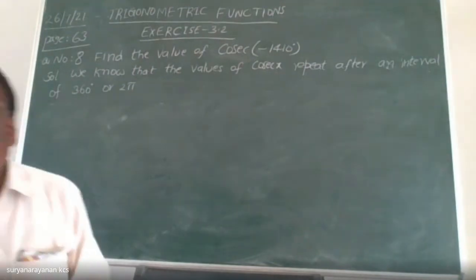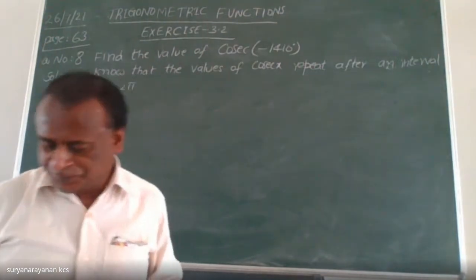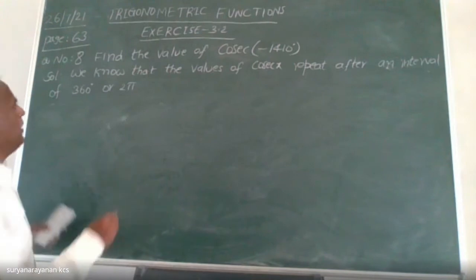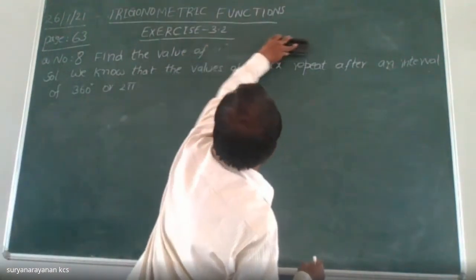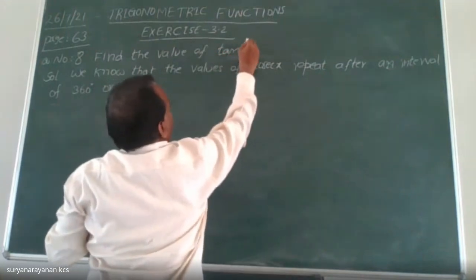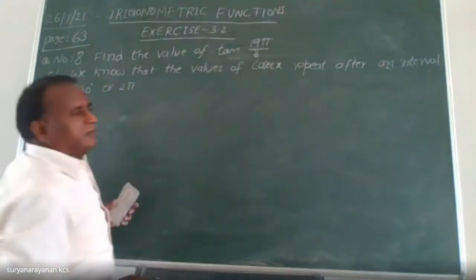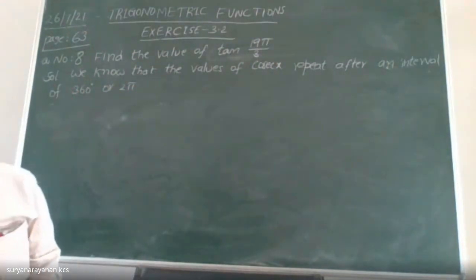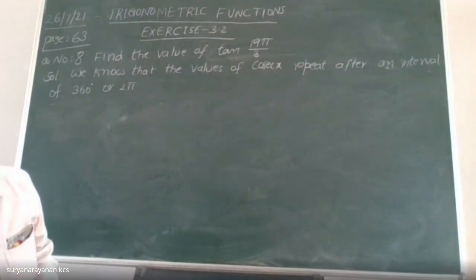Now come to question number 8. Find the value of tan 19 pi by 3.